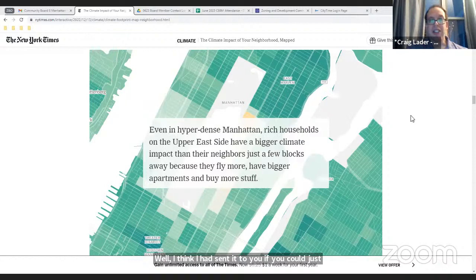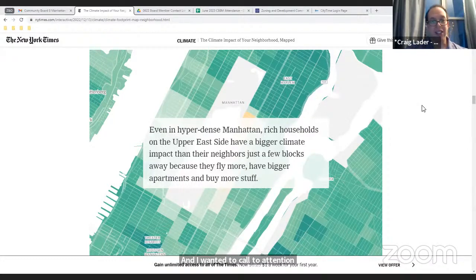So in this article, it was basically just a focus on emissions by neighborhood. They essentially mapped the entire climate footprint of the country based on neighborhood and even block level places. And I wanted to call to attention two different things here.